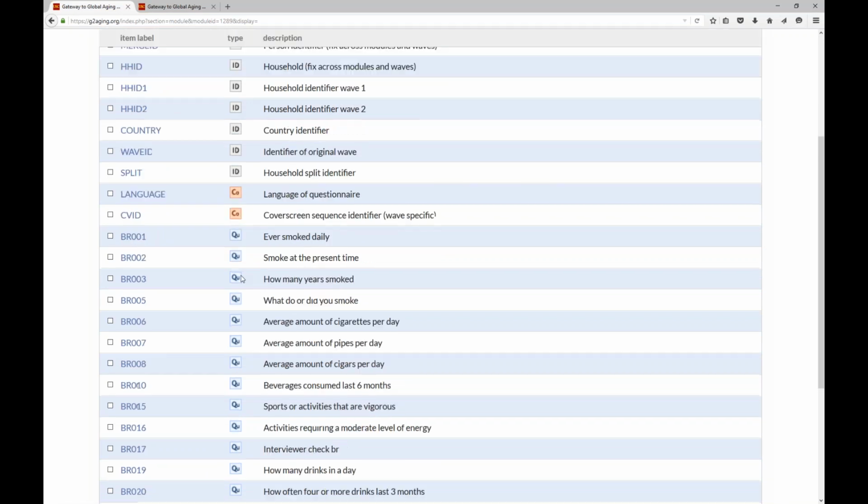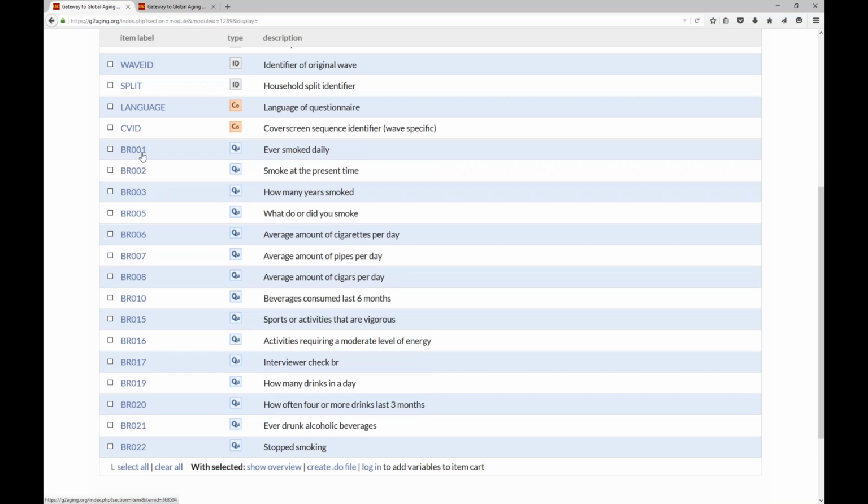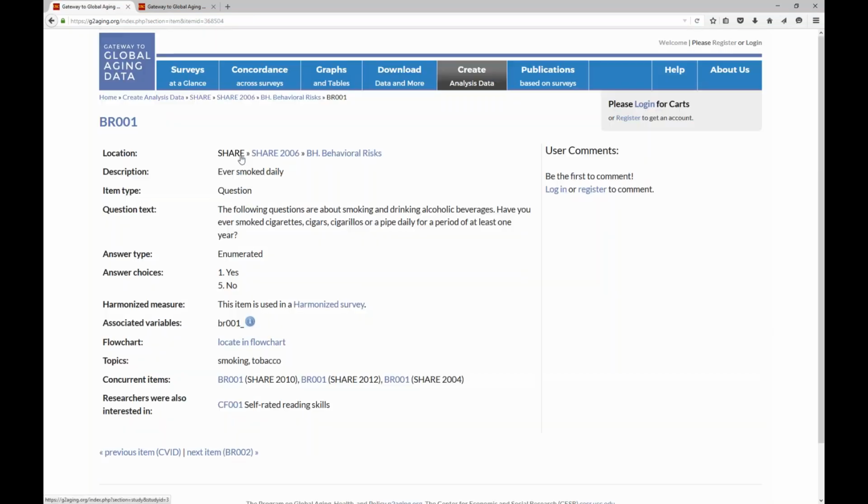And then we've got these questions here, starting with BR001, and these are identified by this icon with a QU in it. So let's just look at this first question. This next page here is the base level for the metadata. So we let you know that this question BR001 is included in Share 2006 in the behavioral risk module.